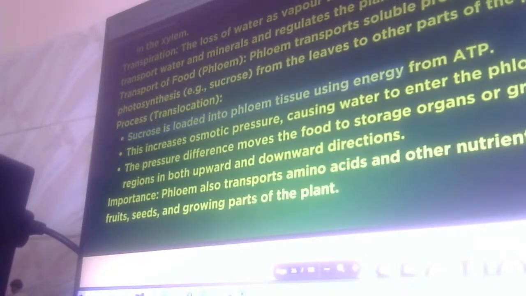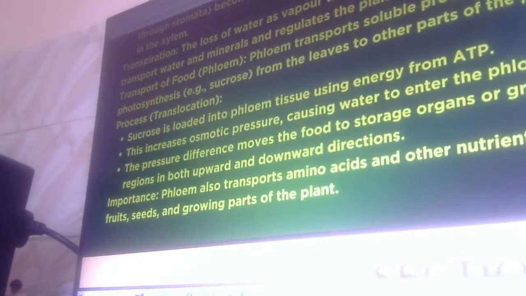Sucrose goes into phloem tissue using ATP, osmotic pressure is created, then water enters it. As a result, it pushes the food to different parts of the plant, into storage organs or growing regions like fruit, leaves, roots, seeds, etc. And it is bidirectional.